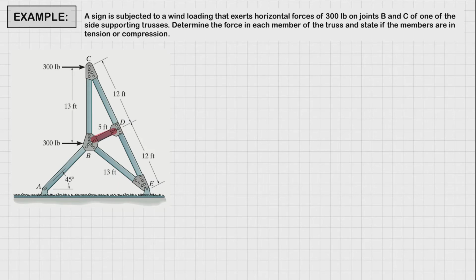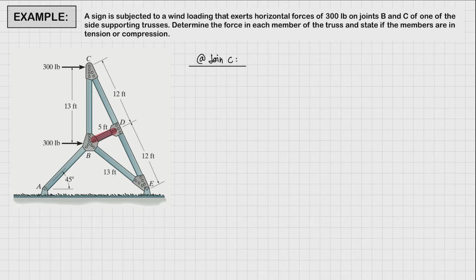Looking at this figure, we have two unknowns at joint C. So we could start at joint C instead of having to solve for the reactions at joints E and A. So let's write it down here at joint C.